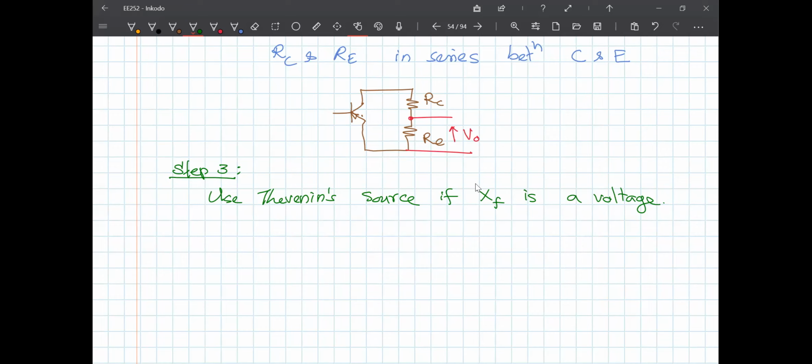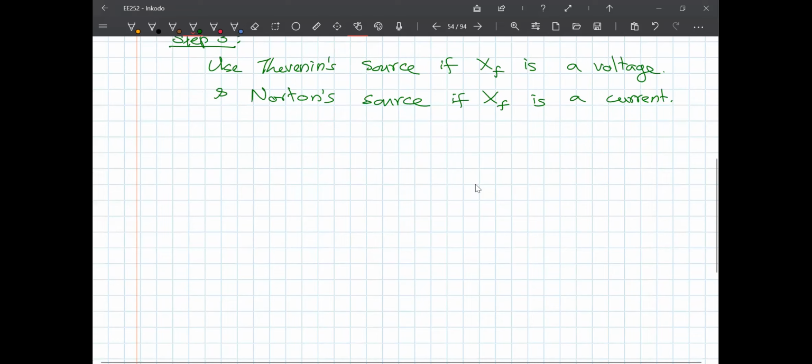Okay, and Norton's source if XF is a current. So obviously what do we have? We already have XF, we know it is a voltage, therefore we have to use Thevenin's equivalent circuit.